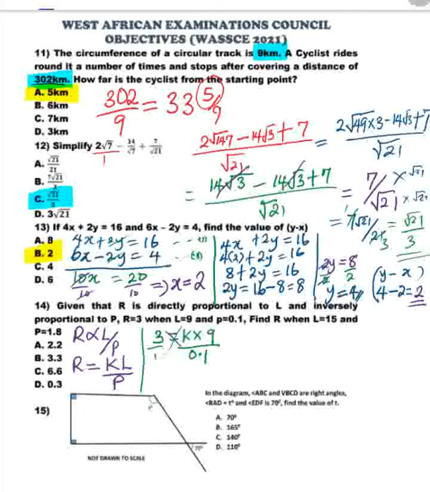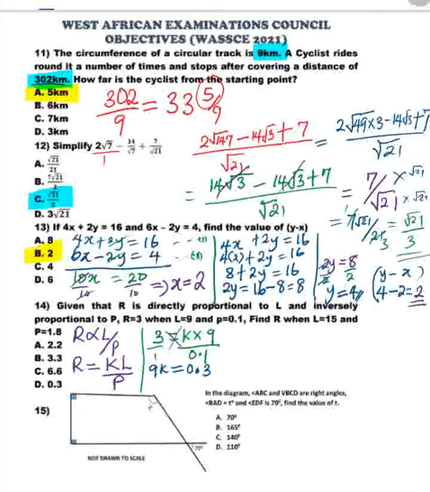We're going to have 9K equals 0.1 times 3, and 3 times 0.1 is 0.3.